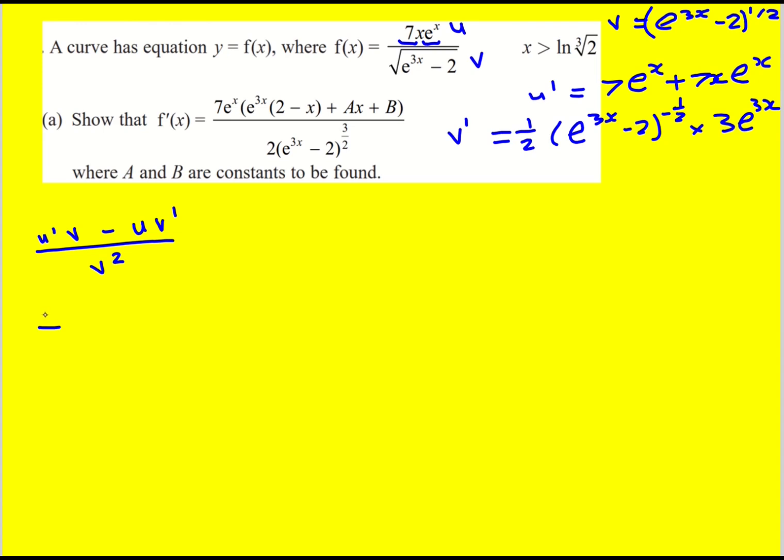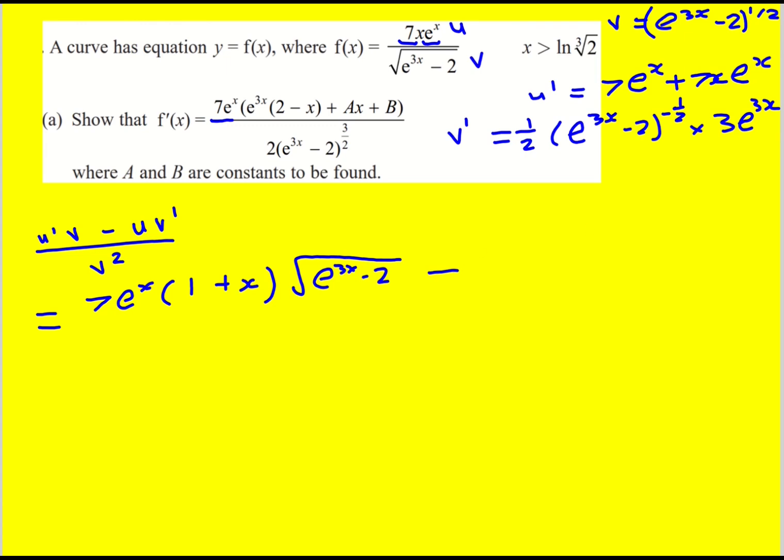All right, let's substitute in. So u dash. Now I can see in my final answer we factorized out a 7e to the x, so I'm actually going to do that here. 7e to the x, 1 plus x. That's my u dash, and I'm timesing by v. I'll rewrite it with the square root, e to the 3x minus 2.